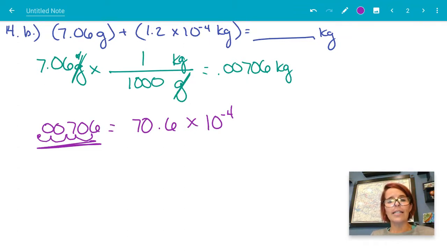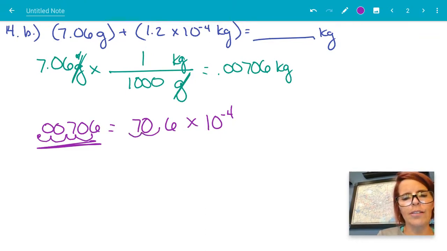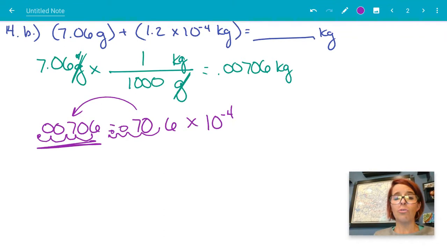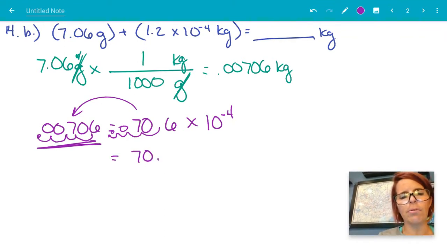So let's look. 70.6 times 10 to the negative 4. Well, if I multiplied that out, it would make my decimal go 1, 2, 3, 4. And oh yeah, that would be the exact same number as that. So that's how I'm supposed to write that number, 70.6 times 10 to the negative 4.